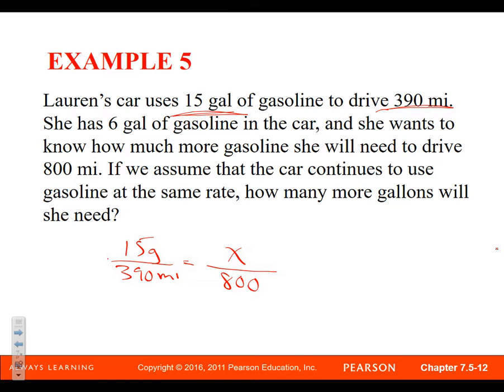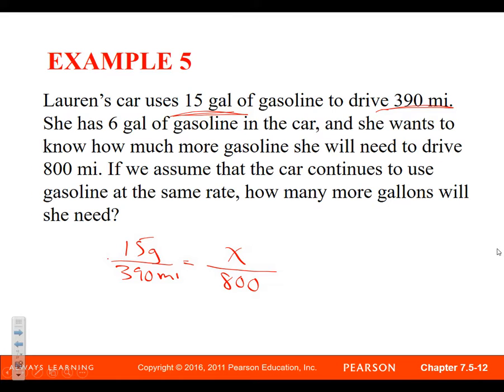So solve that. You're going to go 15 times 800 divided by 390. So 800 times 15, divide that by 390.